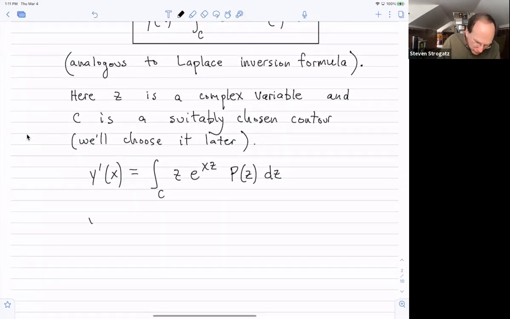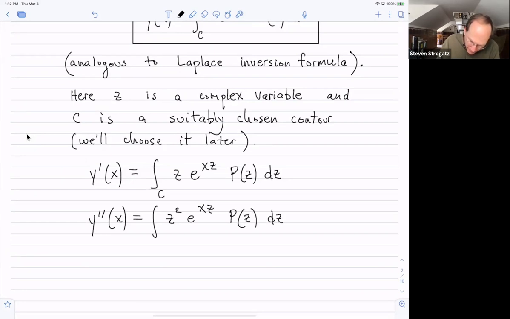And then differentiating one more time with respect to x, bring down another factor of z, so z squared e to the xz p of z dz. I'm just differentiating the e to the xz. That gives me e to the xz again times the chain rule term of z. All right, so I've got that.